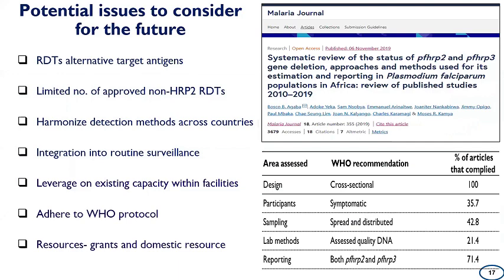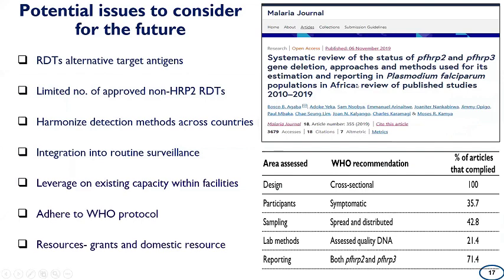So, potential issues for consideration for future surveys. We've got to start thinking about alternative RDTs that target different antigens other than HRP2, but we also know that there is a limited number of approved non-HRP2 RDTs by the WHO. We've got harmonized detection methods, as Xavier indicated.